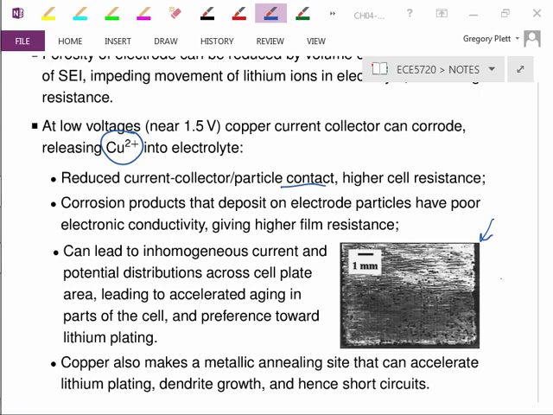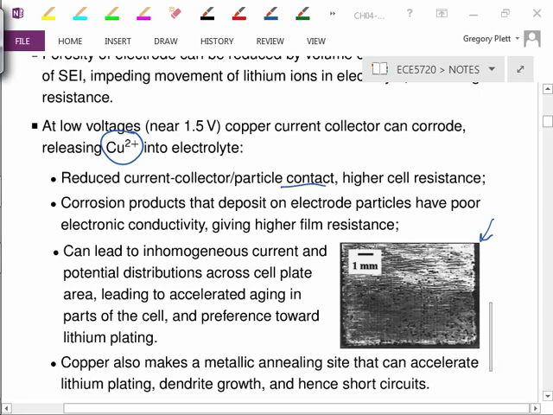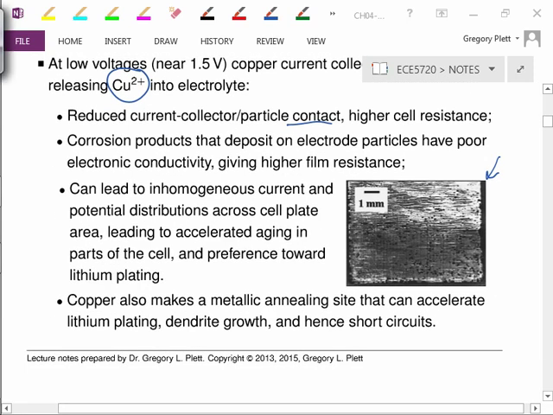It can lead to non-homogeneous current and potential distributions. So we have accelerated aging in certain parts of the cell versus others because they tend to react more and heat up more, and that would also give a preference towards lithium plating. And copper itself, just like we said with manganese, if manganese dissolves from the positive electrode, copper is a positive ion, and it tends to want to cycle just like lithium does when you charge and discharge a cell, and it's small enough to go through the separator.